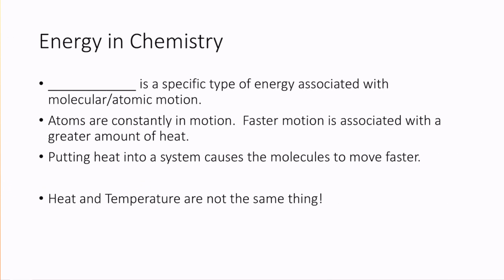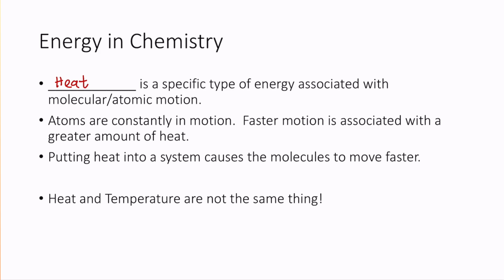In chemistry, when we're looking at energy, we use the word heat. And heat is a specific type of energy that is associated with molecules and how they are moving. Now, atoms and molecules are constantly in motion, and the faster they move, the more heat they're going to have.